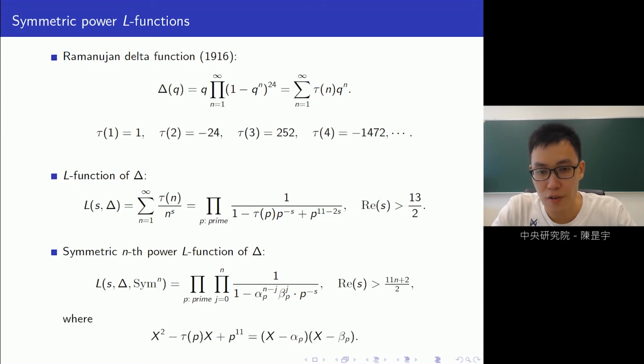Here alpha p and beta p are roots of the degree 2 polynomial x squared minus tau p x plus p to the 11. Because tau p is an integer, alpha p and beta p are just algebraic numbers.